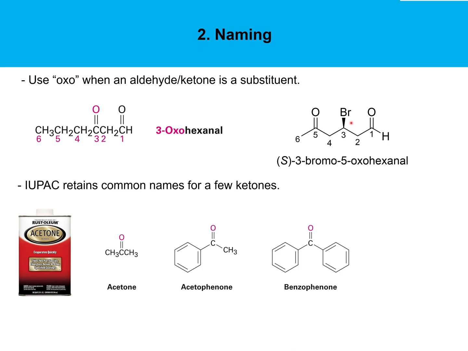So we can confirm that by looking at the substituents around it. Bromine would be the highest priority group. Then we have this carbon 2, carbon 4. If we start moving away from the chiral center, we can determine which group has higher priority. So if we move on to the next carbon, we're comparing a carbon to another carbon, carbon 5. And then if we move on to the next set of substituents, we have a double bond to an oxygen on this side.